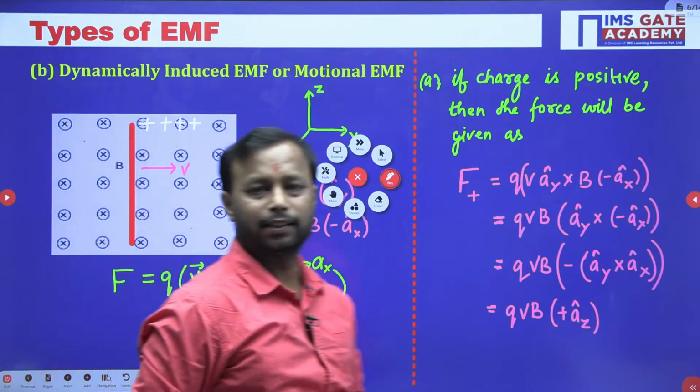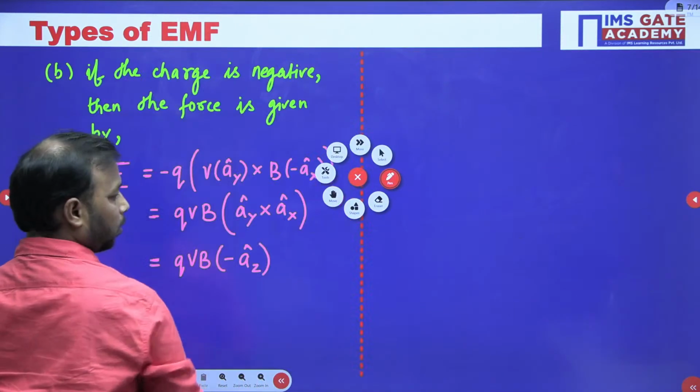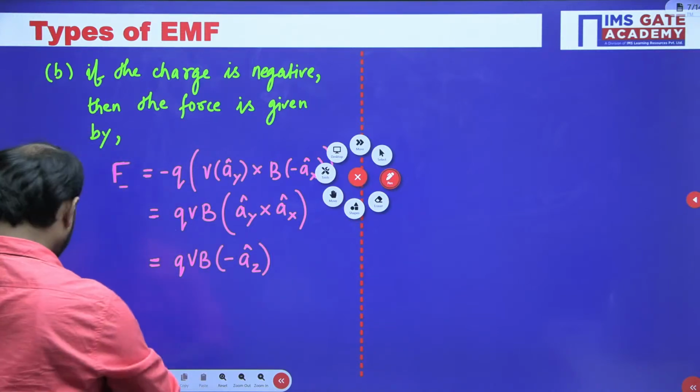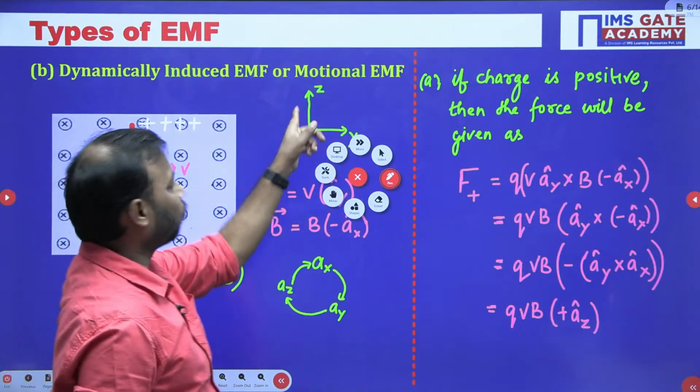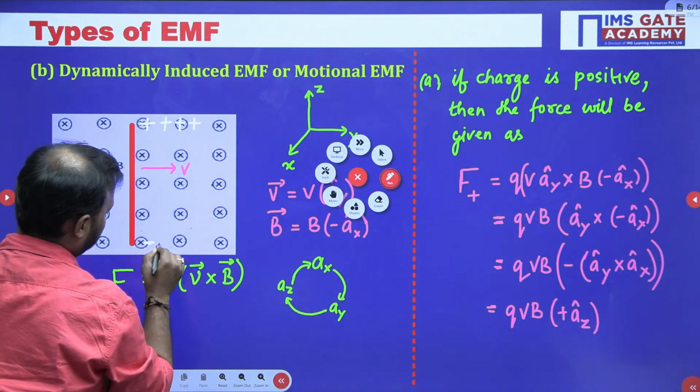Now what about negative charge? Minus az. Minus az means which direction? Downward direction. So negative charge will appear here.